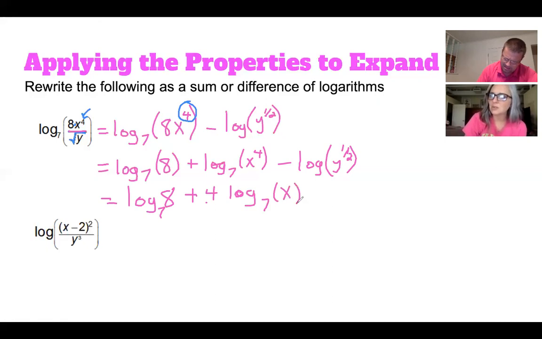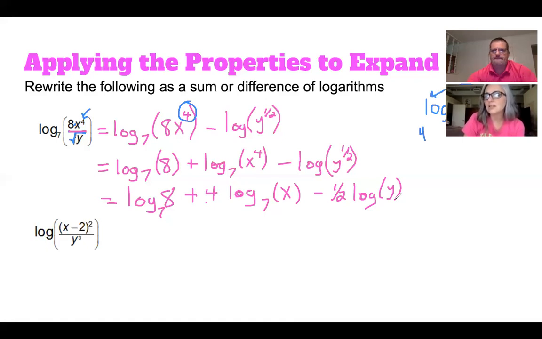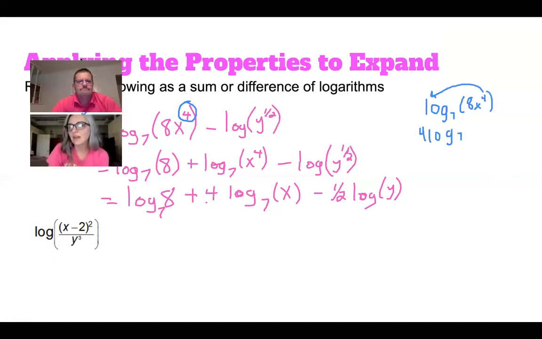And so I'm going to take just a minute while he's finishing that up and talk a little bit about what you would be doing if you did it this way. So if I take log base 7 of 8x to the 4th, and I yank that 4 out front, and I now call this 4 log base 7 of 8x, what's wrong with that, Mr. Bobby? What's that telling me now as a math person?